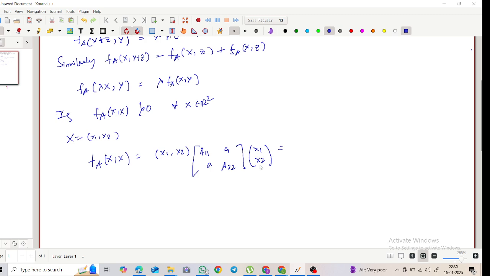Anyone, what will be this expression? Please check the multiplication.